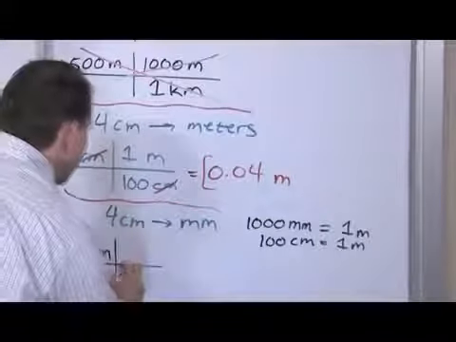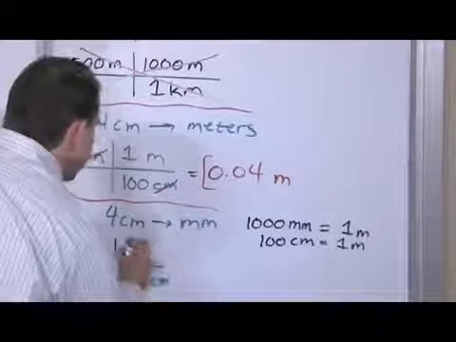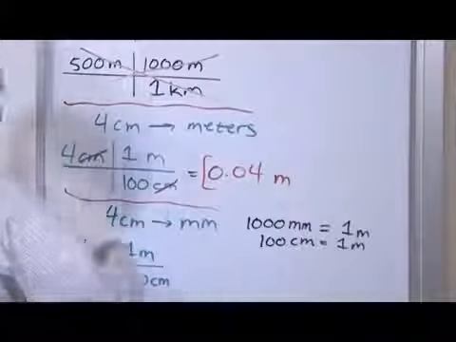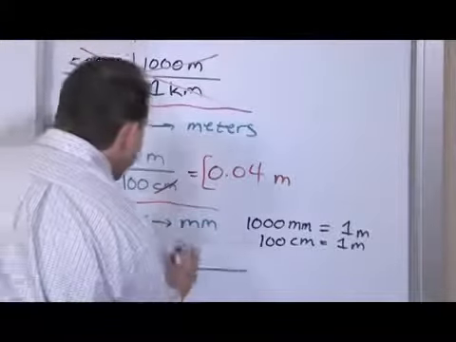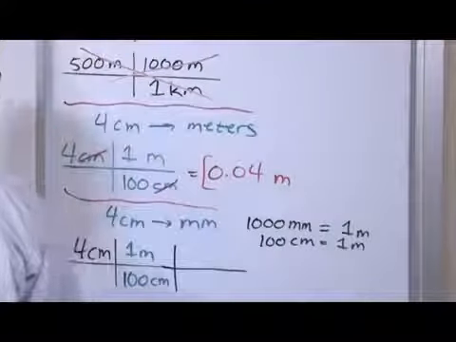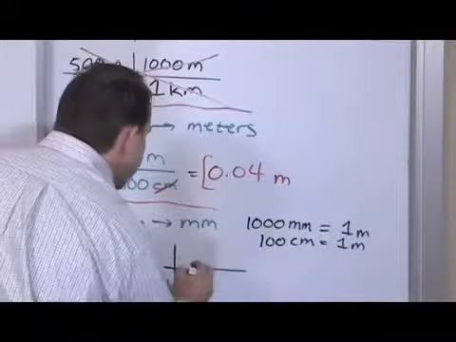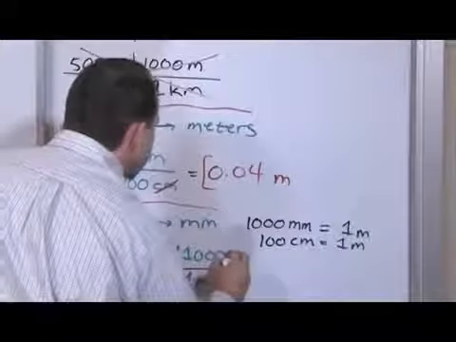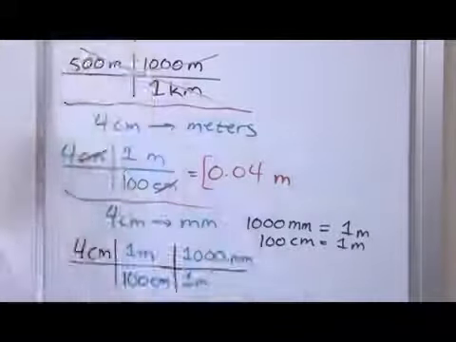If you write it this way, 100 centimeters in 1 meter, I can continue this guy as many times as I need, and I can write it like this. 1 meter is 1,000 millimeters. Now, why did I do that?